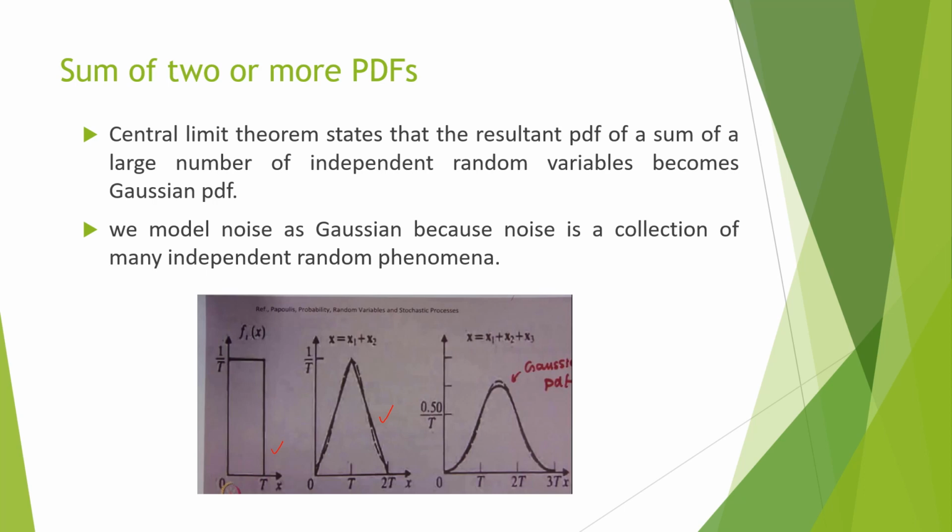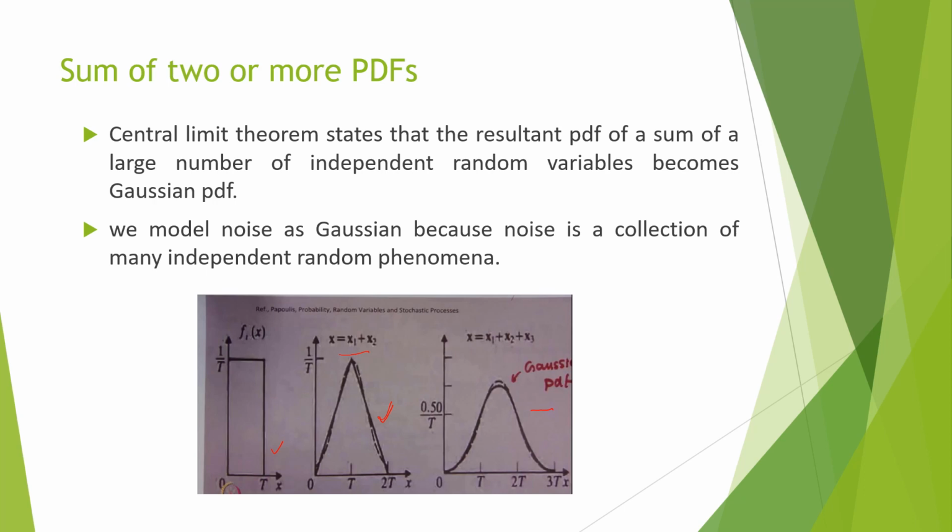So the convolution of the rectangular pulses x1 and x2 gives a resultant PDF that is triangular. If we add one more rectangular pulse, the convolution of the triangular pulse with a rectangular pulse will be a curve like this, which is closer to a Gaussian PDF. It's looking like a Gaussian PDF. So for three summations, we are closer to a Gaussian PDF.